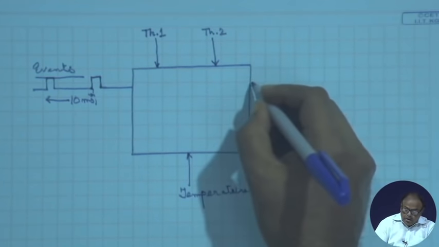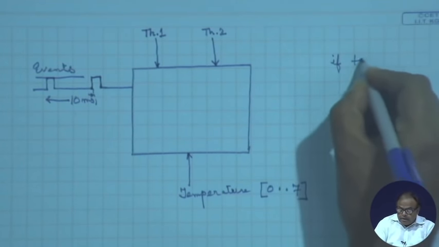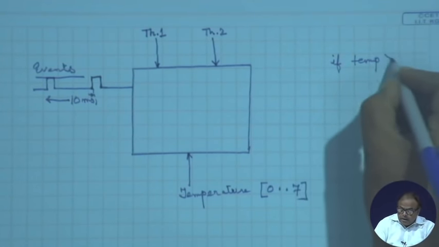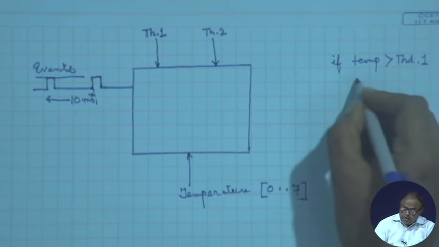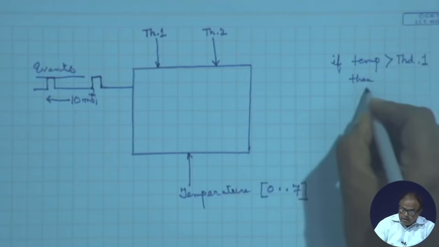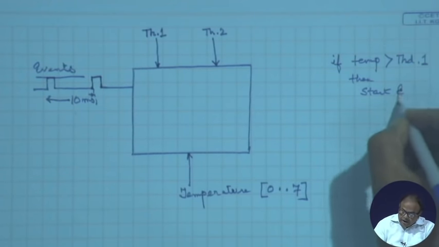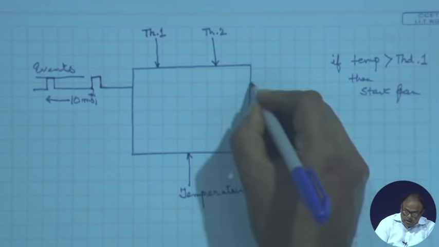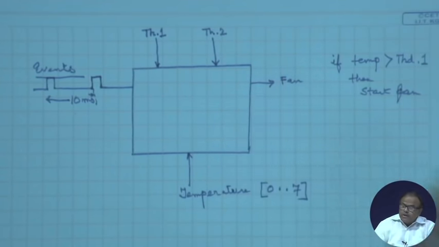If temperature is greater than threshold 1, then start coolant or start fan. Some fan should be actuated for cooling it down.